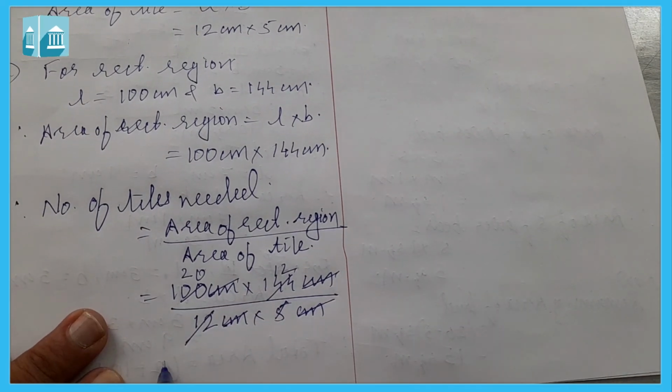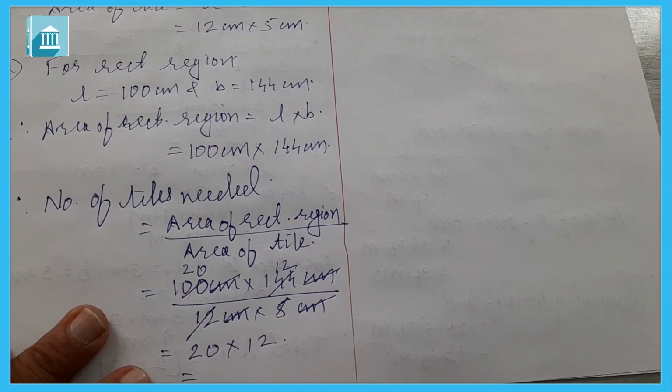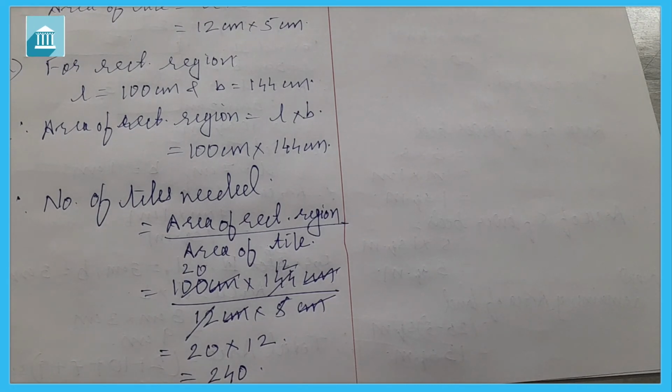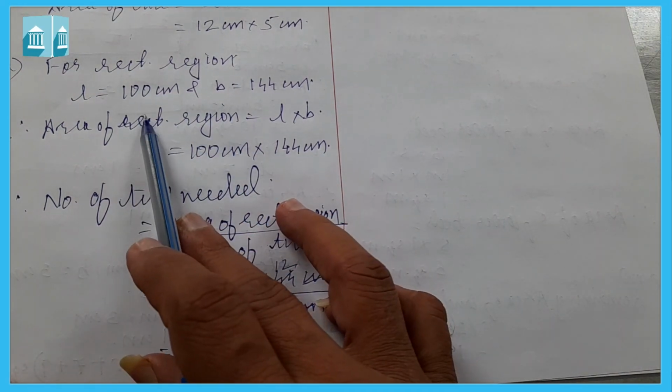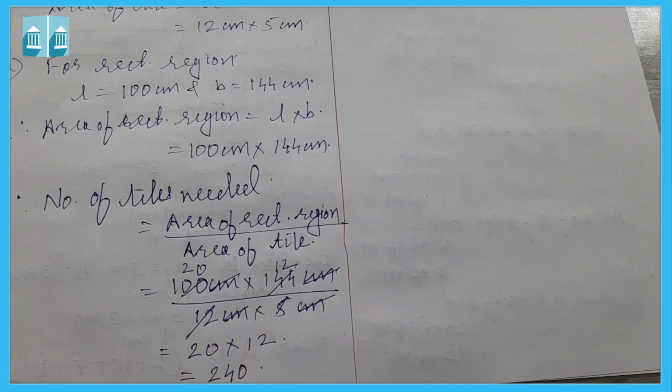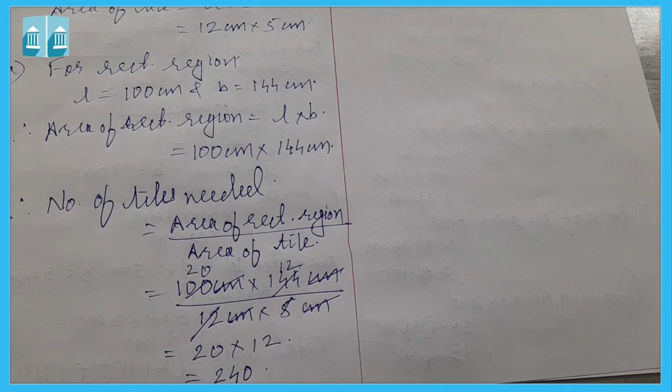So now here it is 20 into 12, which is equal to 240. So we can say that 240 tiles are needed to cover this rectangular region whose length is 100 centimeter and breadth is 144 centimeter. Question number B is again the same as we had done in question number A.